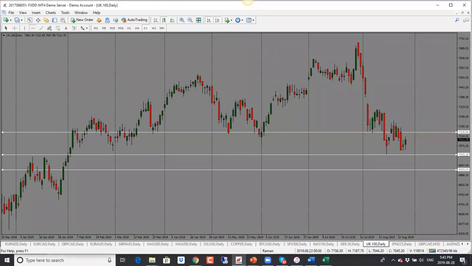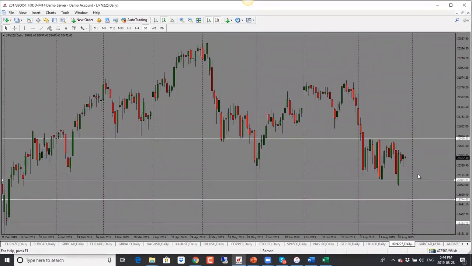So the first target here will be 71.50, and then potentially 72.20. But keep in mind that this one could also turn right at this support resistance, because this would be a retest of this level here. So just be careful with that level. So 71.50 is the first target here for FTSE.